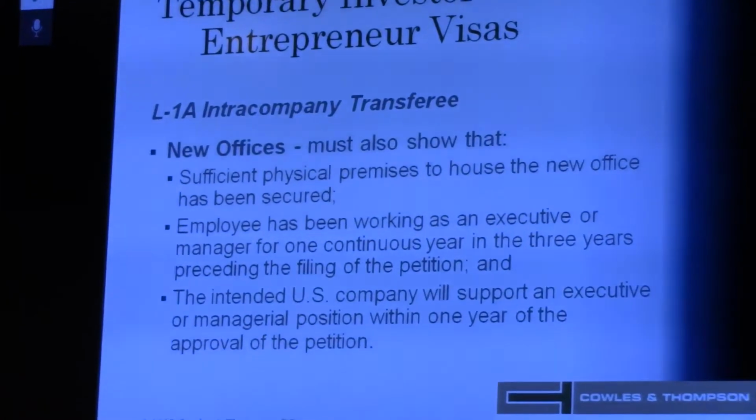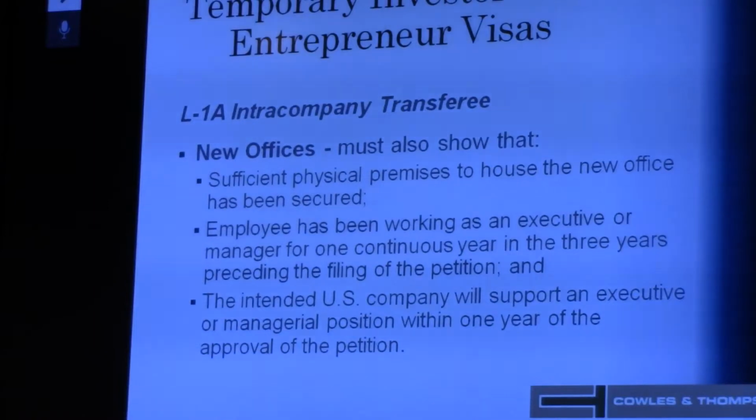And one of them, which might sound very basic, but it has caused a lot of petitions to be denied, is that the Department of Immigration requires that there be sufficient physical premises or space to house the new office. It has to be secured at the time the petition is filed.